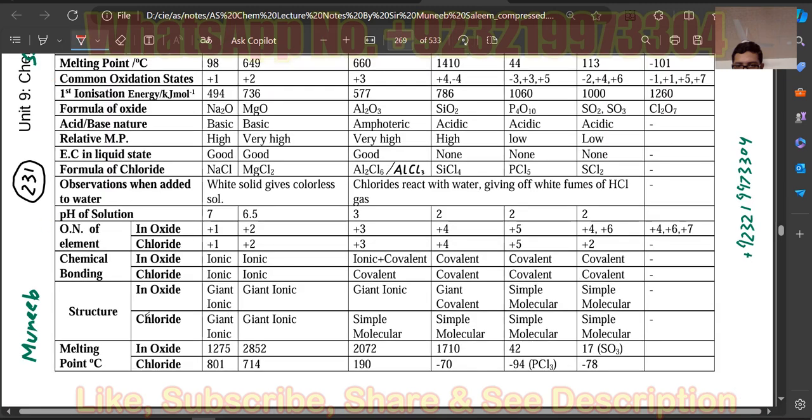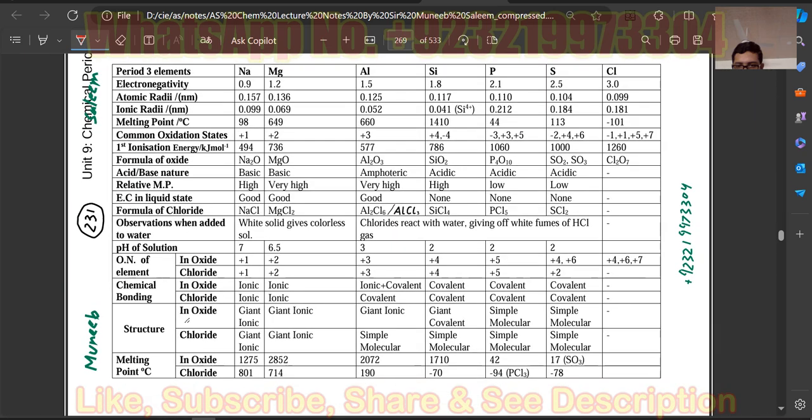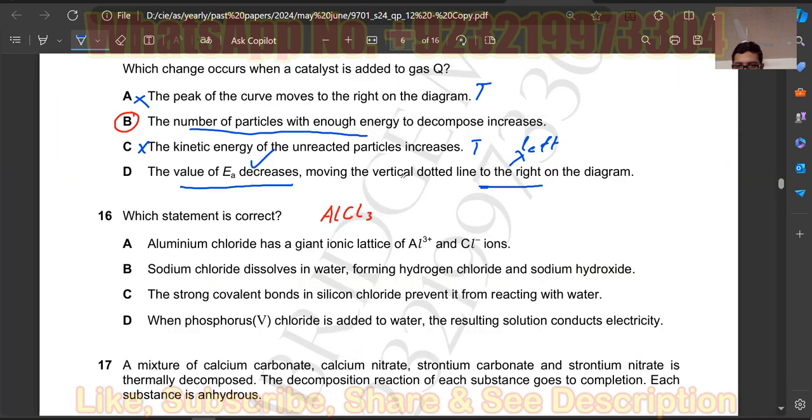Here, there is a complete table mentioning the structure of aluminium with the chloride. So over here we have a simple molecular structure. So it is not the right answer. We do not have a giant ionic lattice of aluminum chloride.